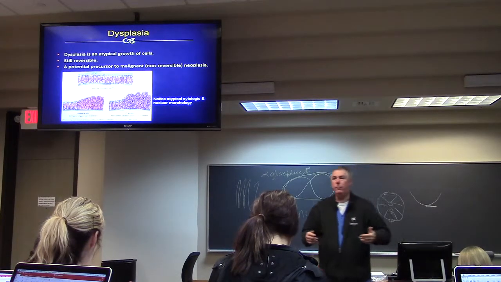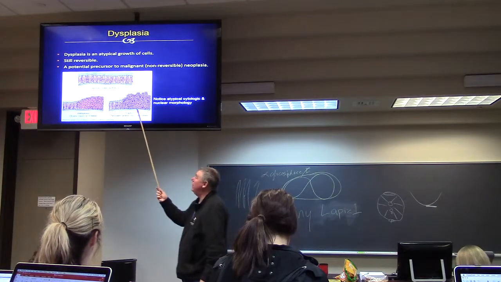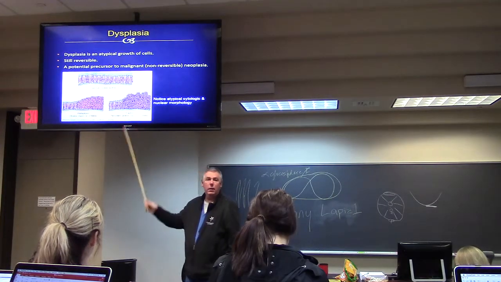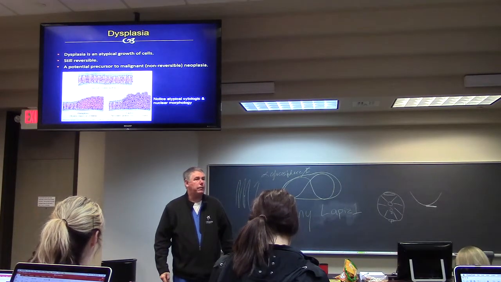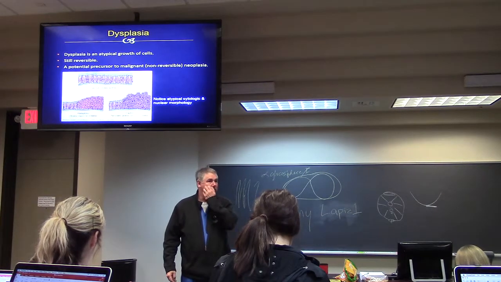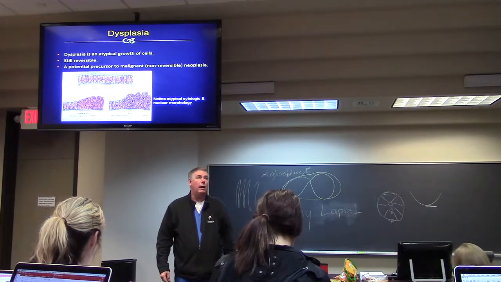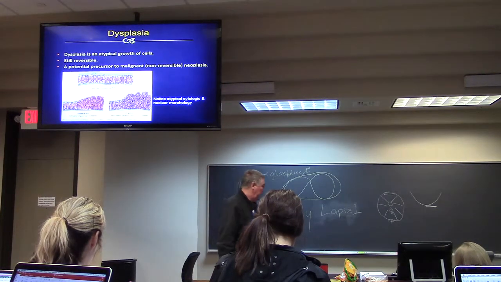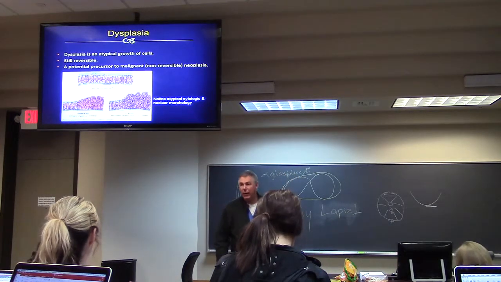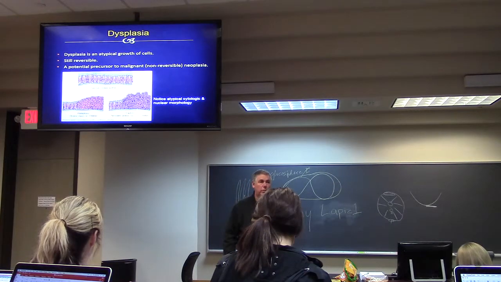They're a unique cell type that has an accelerated rate of division. They don't produce the same substances as cervical epithelial cells. They're different. The next step from dysplasia is neoplasia, which is new growth, which is a tumor.